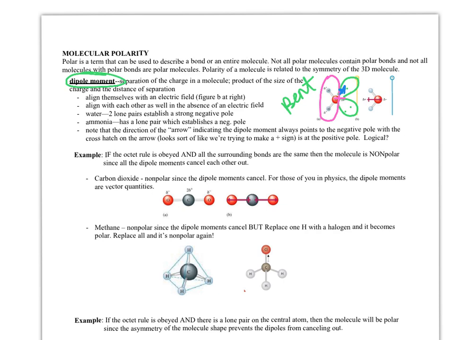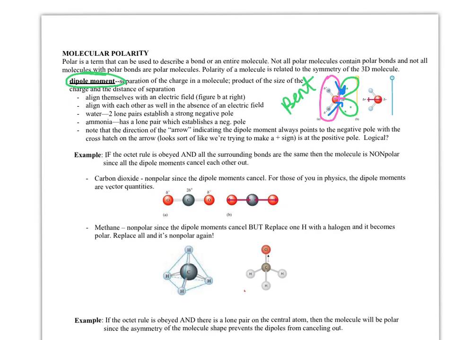I'm trying to draw it on this little picture and it's not coming out very nice, but the electrons in the bond are going to be shifted more towards the oxygen in both of those cases. So I have more electron density near the oxygen atom, and I've lost some of that electron density in the hydrogen, which becomes electron deficient.